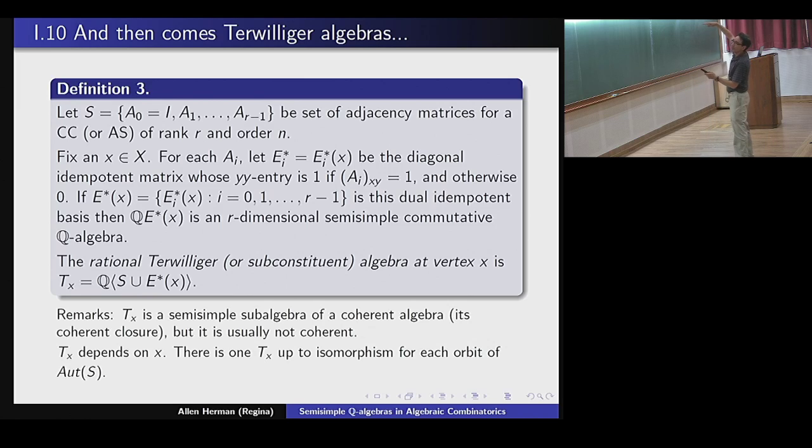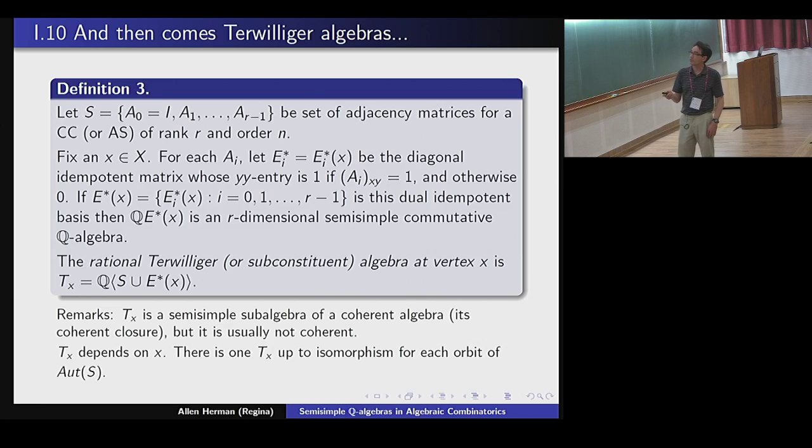Going from ones this way, you make them go that way, and then you just generate an algebra over Q. Now it will be a semi-simple algebra. It's a transpose closed generating set, so it will be semi-simple, and that's this algebra.